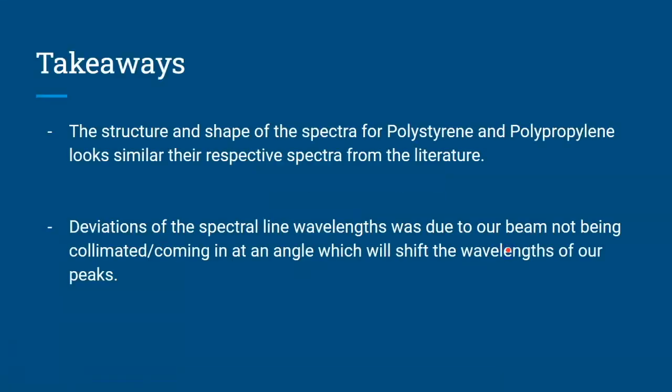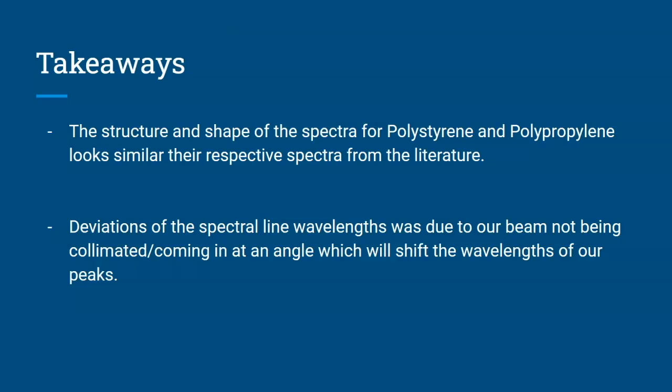So in conclusion, our main takeaways are that the structure and shape of the spectra for polystyrene and polypropylene looked very similar to the respective spectra from the literature, as we saw earlier. And the main source of error was the light coming in at an angle when you want the incident angle to be 0.